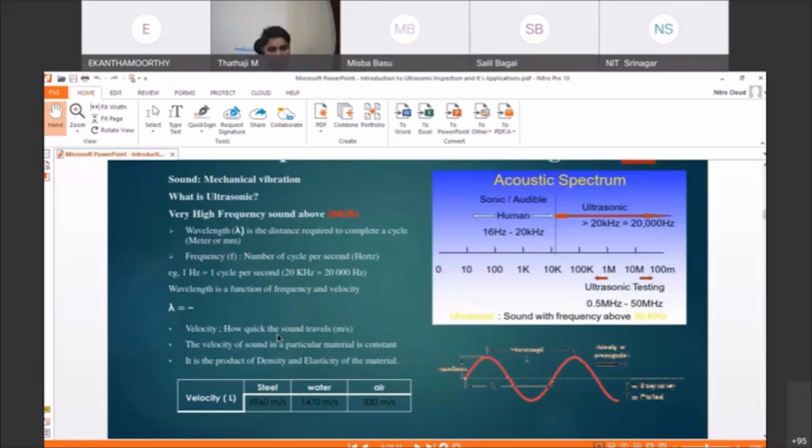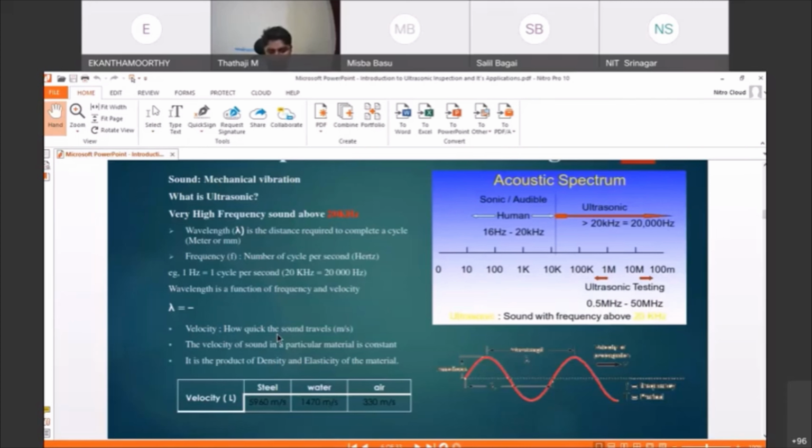Velocity depends on the elasticity and density of the material. If the density changes, velocity also changes, since it depends on the product of density and elasticity. For a particular material, the velocity is always constant.